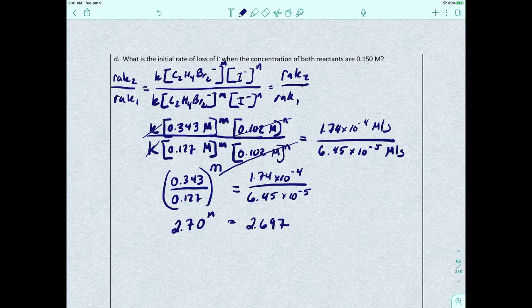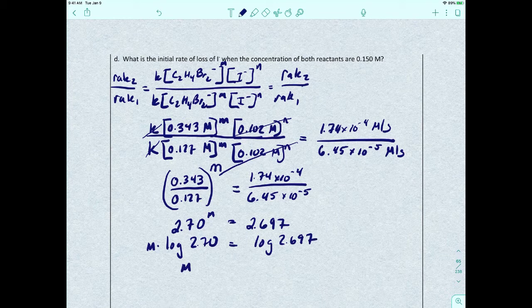So what I'm going to do, let's try to solve for m. To get m by itself, we're going to convert 2.7 raised to the m as a logarithm. So that would be m times the log of 2.70, and that's going to be equal to the log of 2.697.